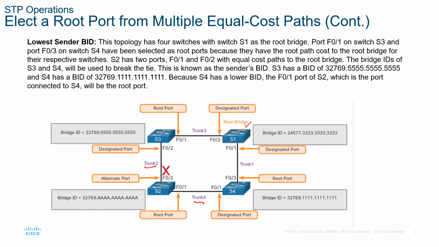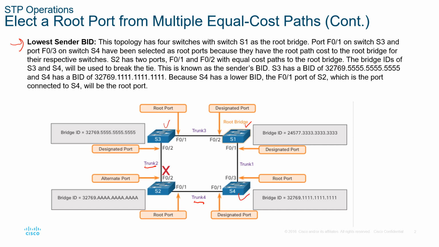According to the first criterion, we choose the lowest sender BID. So what we need to check is the BID of the sender on both ports. The sender of port F02 is S3 and the sender of port F01 is S4.